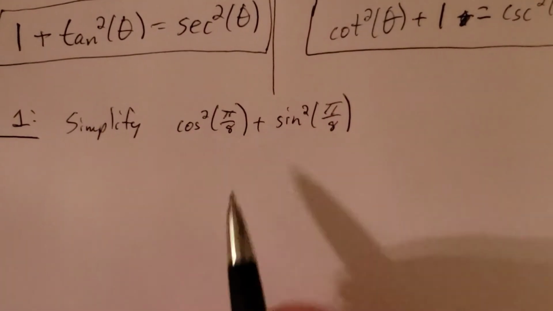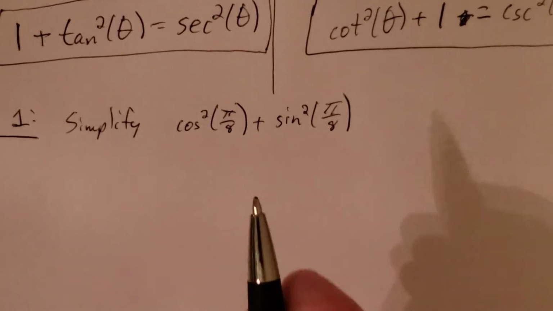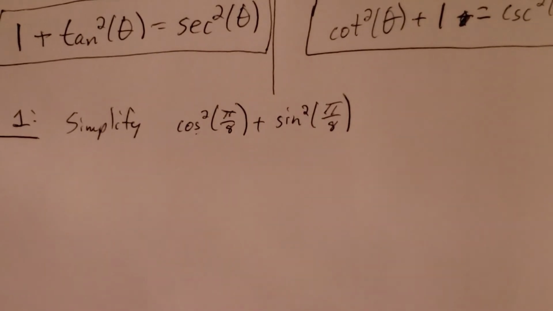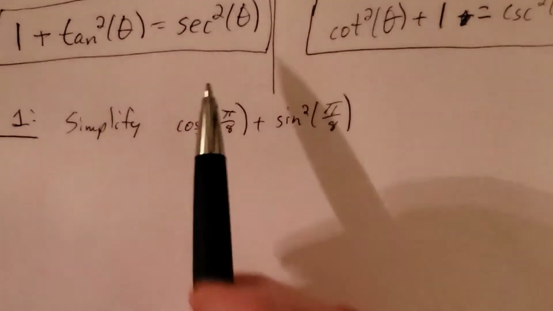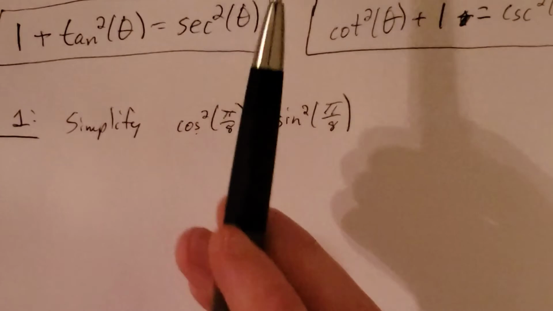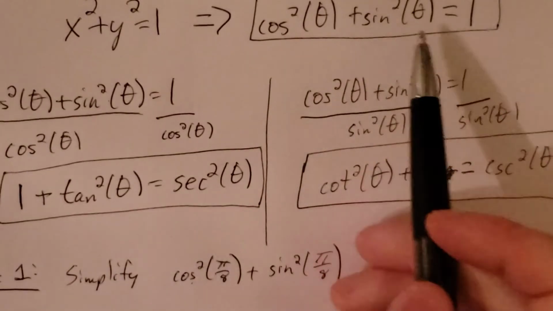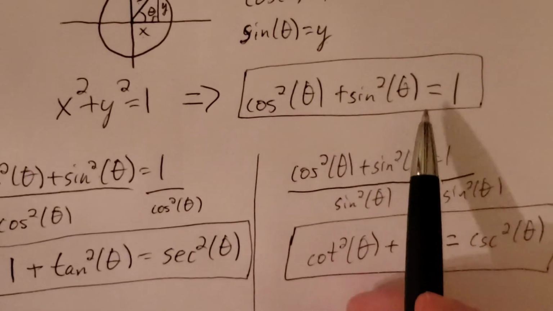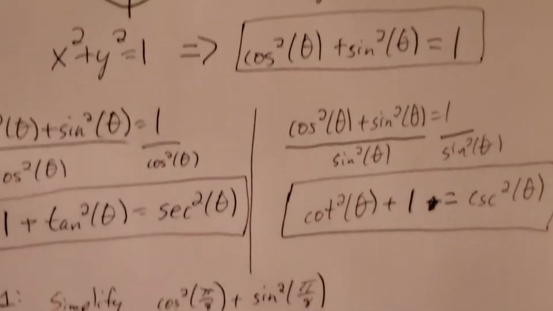Well, cosine of pi over 8 might be difficult to find, so it might seem like cosine squared of that would be difficult to find, and similarly, sine of pi over 8 would be difficult. But, as we said before, cosine squared of theta plus sine squared of theta is equal to 1 for any angle theta.